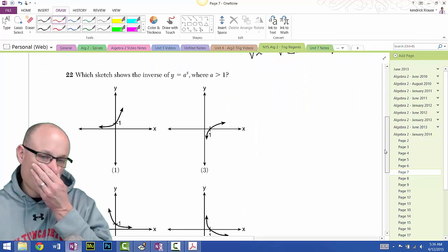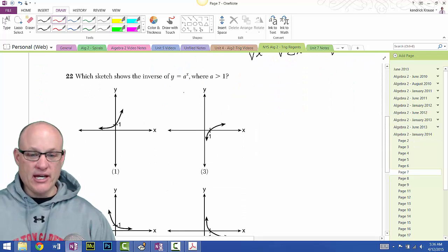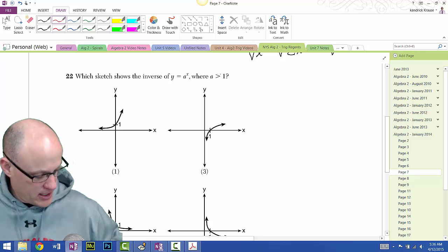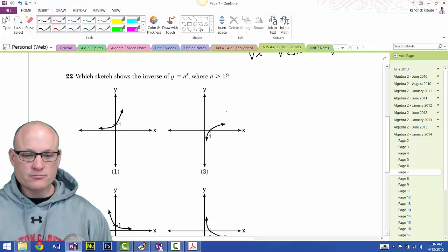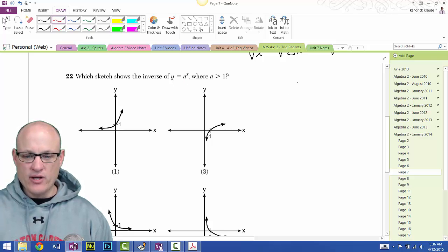Which graph shows the inverse of a to the x where a is bigger than 1. Let me make sure I haven't given you any wrong answers. Well, if a is bigger than 1, like a 2 or a 3, that's an exponential growth question. That's one of these.